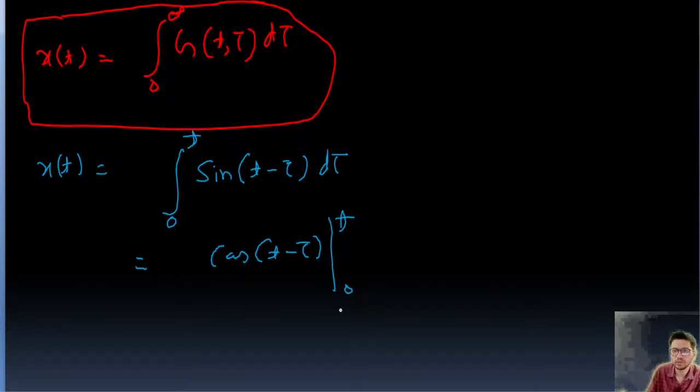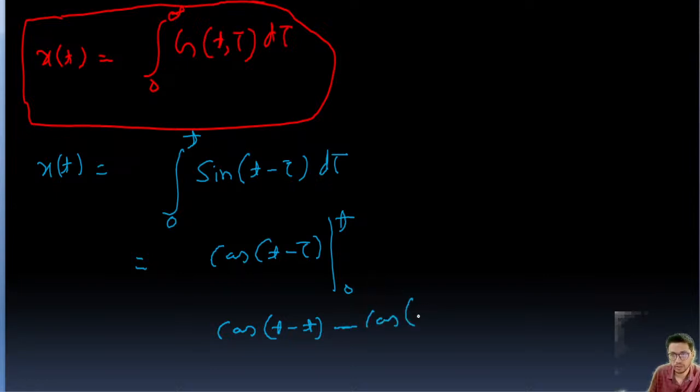So this is going to be from 0 to t. Now we'll put the value. We are integrating with respect to tau, guys. Tau is the variable we are taking here, right? So instead of tau, we'll write t. So we'll put the limit. This is going to be cos(t minus t). In place of tau, we'll write t. Okay, minus cos, and this is 0.